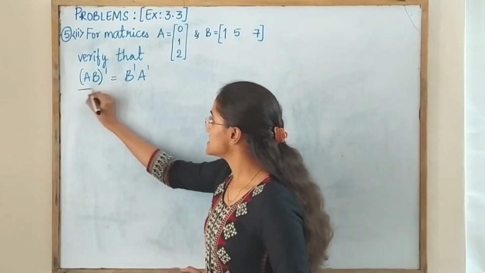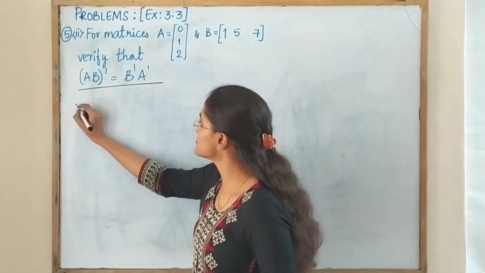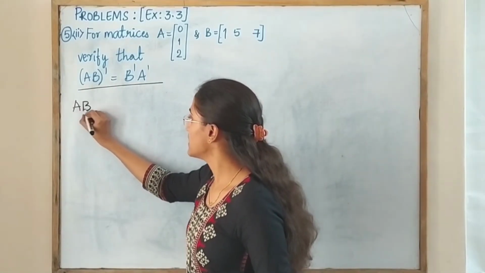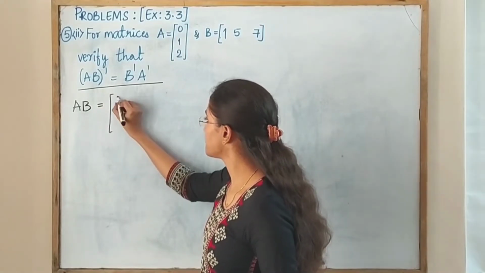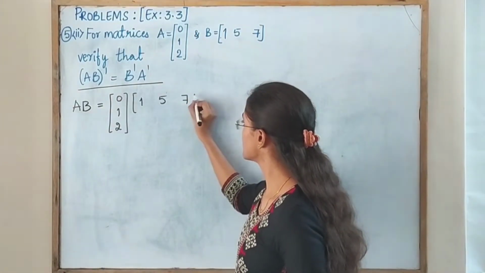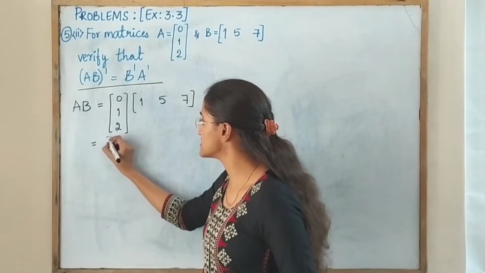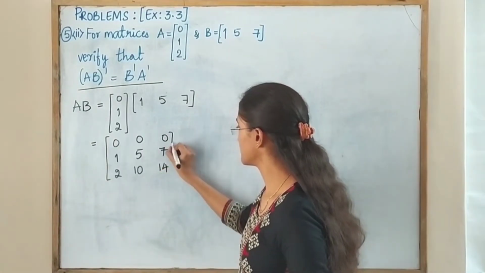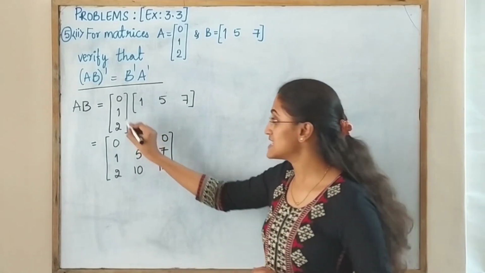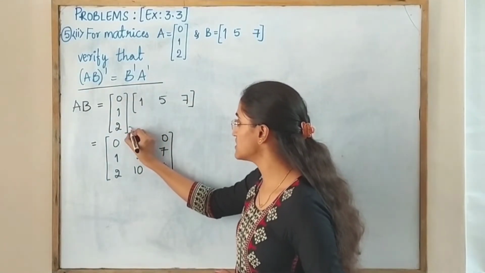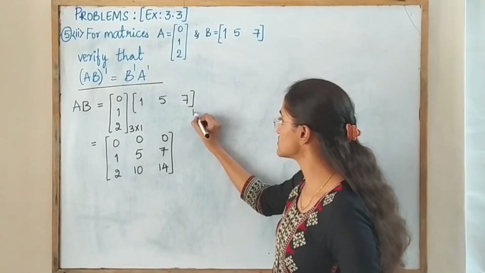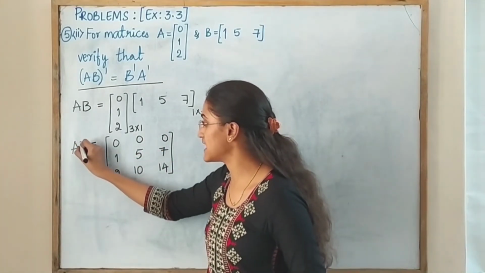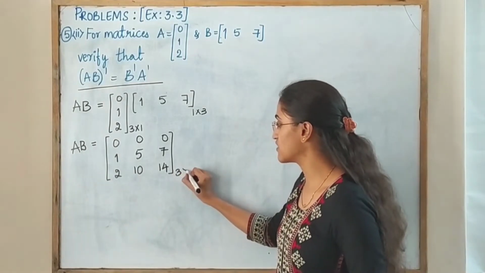Now, starting with the problem, we shall first find out A into B, which will be equal to, multiplying these two matrices, we get, you can notice that this matrix is of order 3 cross 1 and this is of order 1 cross 3, and we have got the resultant matrix AB of order 3 cross 3.